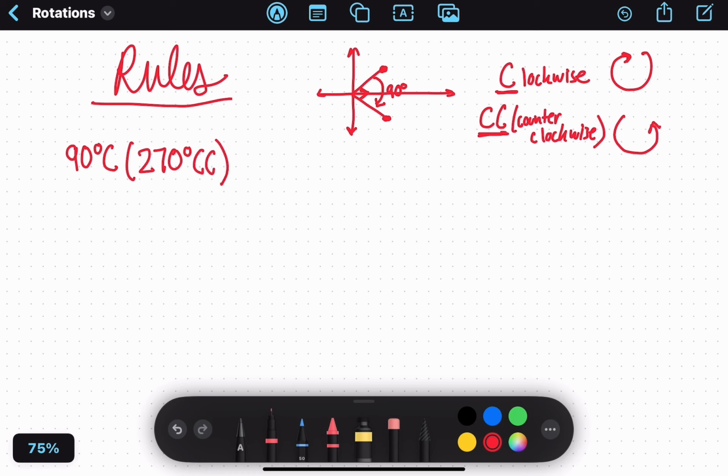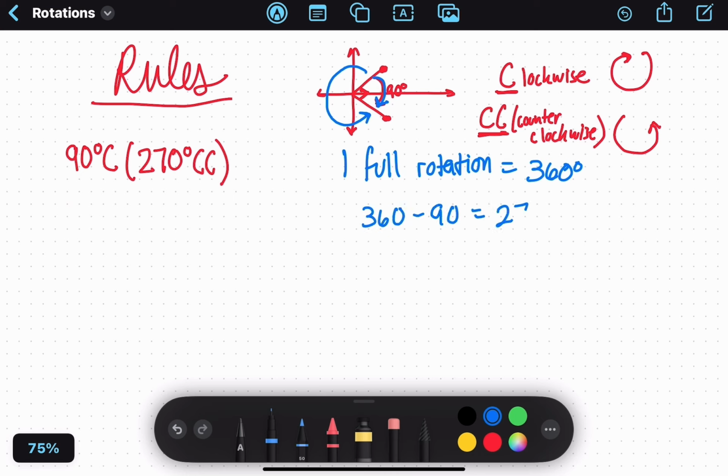Because if we rotate something like I did in this example, clockwise 90 degrees, that's also the same as taking it and rotating it counterclockwise 270 degrees. And how do I get the number 270? Because one full rotation is 360 degrees, the amount of degrees in a circle. And 360 minus 90 is 270. Voila. There we go.